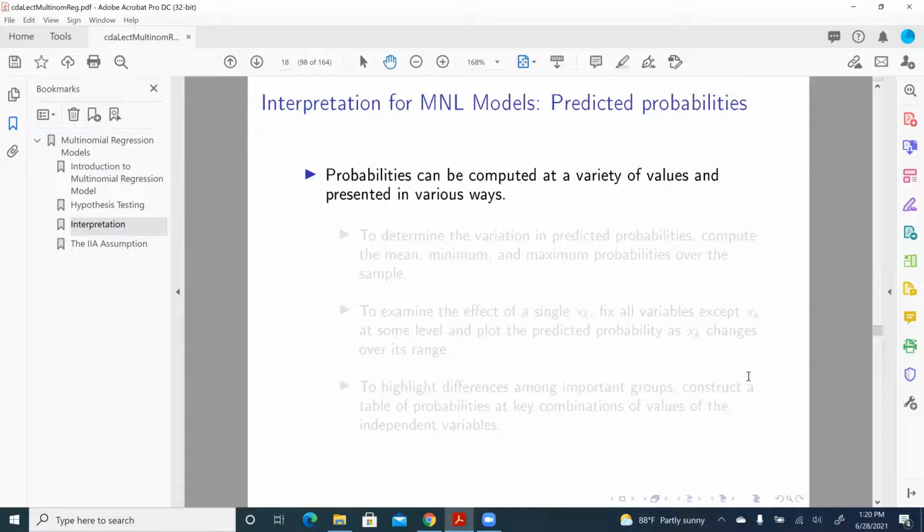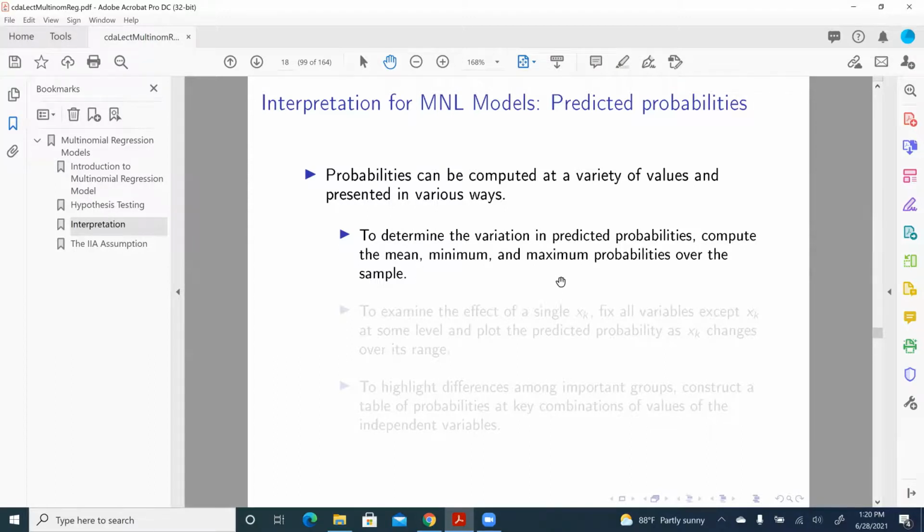Okay, note that the probabilities can be computed at a variety of values and presented in various ways. To determine the variation in predicted probabilities, we can compute the mean, minimum, and maximum probabilities over the sample.